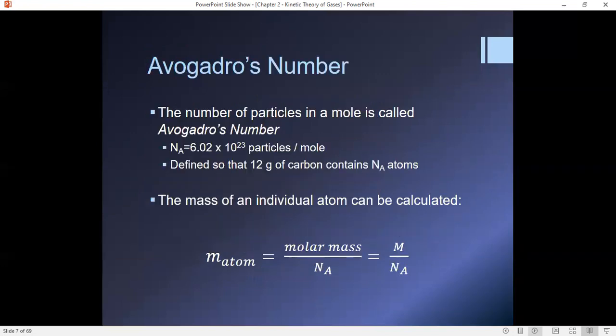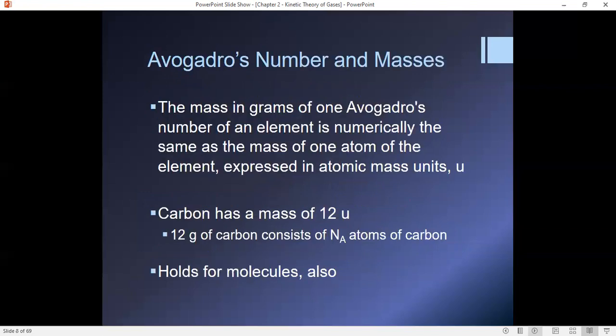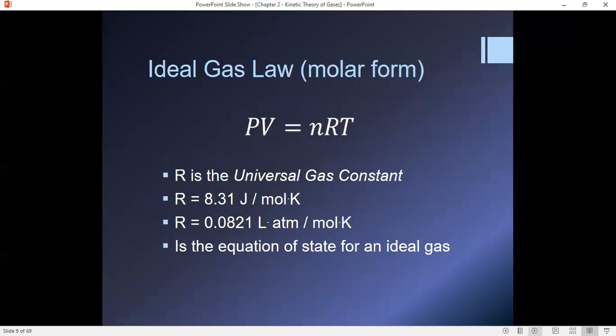All right, again, Avogadro's number is a very, very large number, just as the Boltzmann constant is a very, very small number. Avogadro's number is 6.022 times 10 to the 23 molecules per mole. So if we rewrite our ideal gas law in molar form, we replace capital N and kB with small n and the universal gas constant, R, which is 8.31 joules per mole Kelvin.